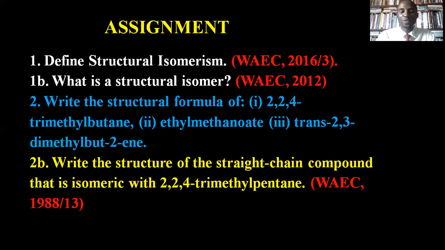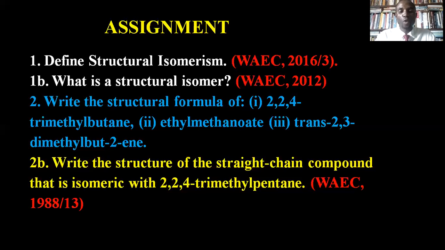2012 WAEC question. All right, number 2, write the structural formula of: 2,2,4-trimethylbutane; II, ethyl methanoate; 3, trans 2,3-dimethylbutane. 2B, write the structure of the straight chain compound that is isomeric with 2,2,4-trimethylpentane.